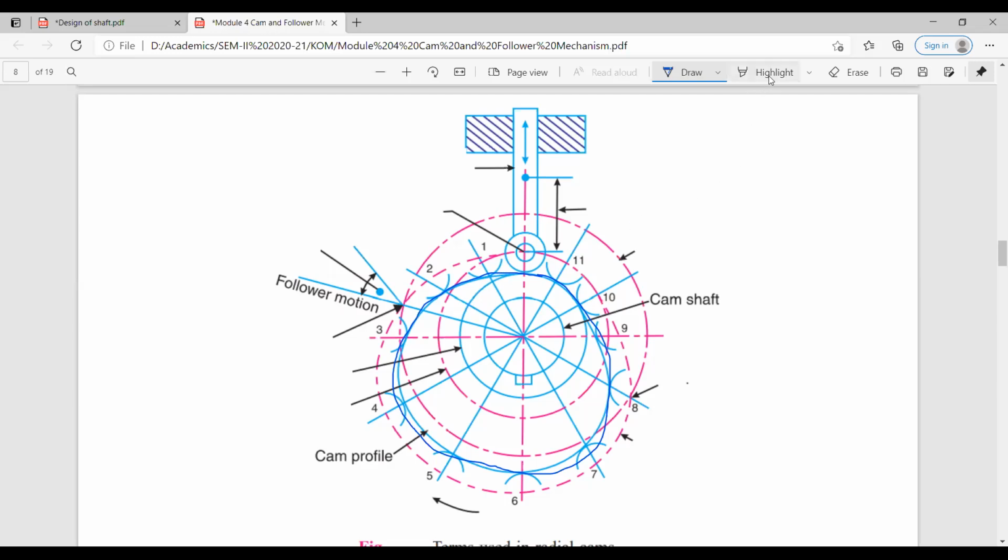So if I highlight it, this particular one is nothing but the base circle. It is your base circle, this one. Next, the trace point is one, the point on the follower. It is a point on the follower.